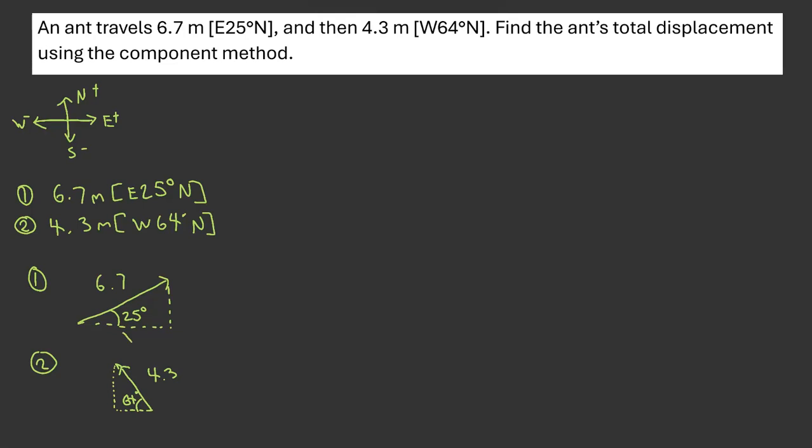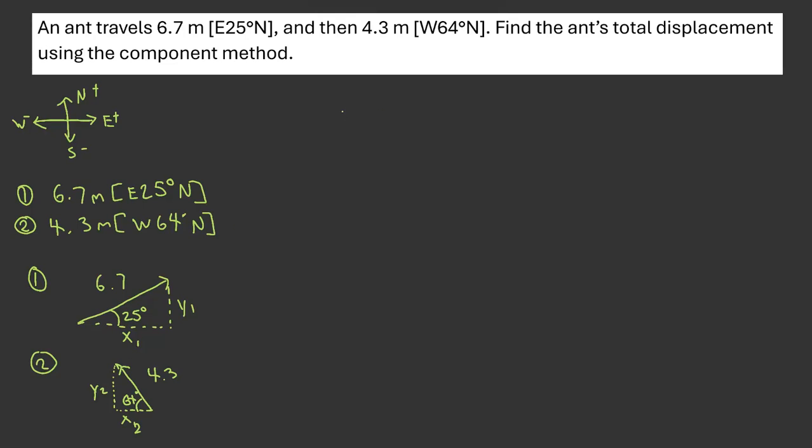Since it's the x-axis, I'll call this x1 since it's vector 1, and then this will be y1, and same thing here, I'll call this x2, and this one y2. So I'm basically splitting my vectors into two components: vector 1 into x1 and y1, and vector 2 into x2 and y2.